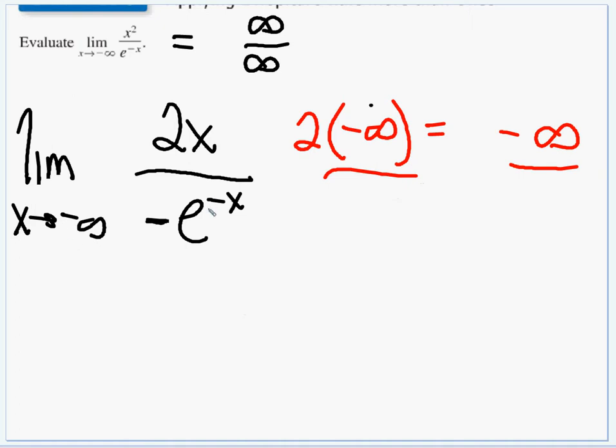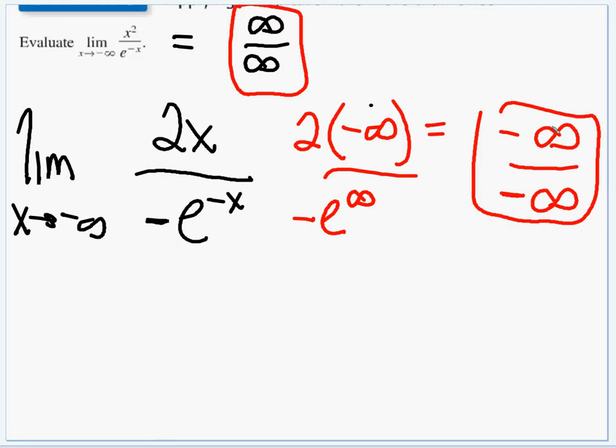When we plug negative infinity in here, we're going to have negative e to the positive infinity, that is also going to be heading for negative infinity. So here our answer is slightly different, but it's still in a form that we can apply L'Hopital's rule.